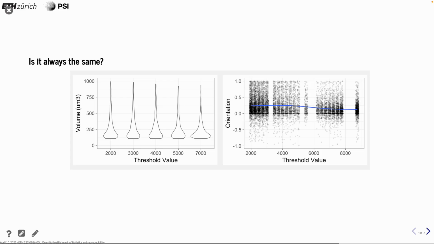Then we can look at the volume using a violin plot. That's a different way of showing it. Then we can also look at the orientation, seeing how the orientation varies. It varies within narrow bounds, but still there is a dependence on the threshold value.